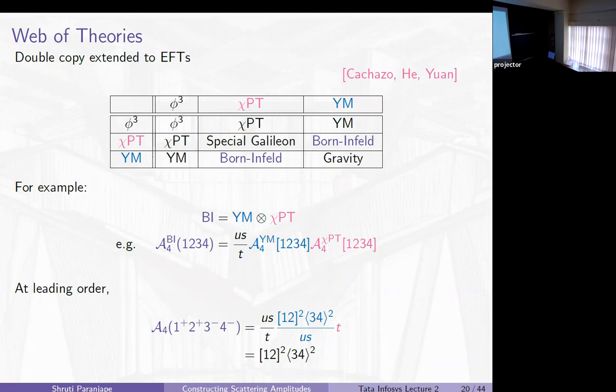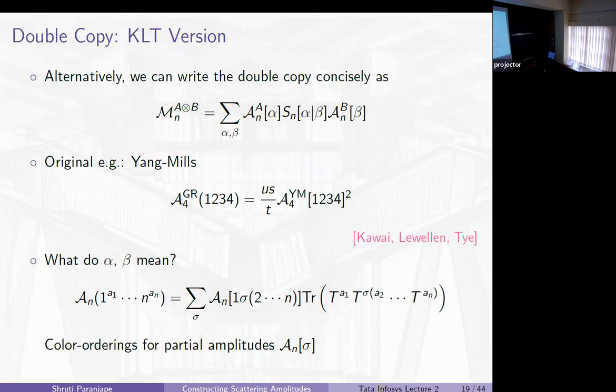Those bi-adjoint indices are exactly in the adjoint of this group and this group. It behaves as the identity, and more than that, the inverse of these amplitudes actually tells you what this kernel is.